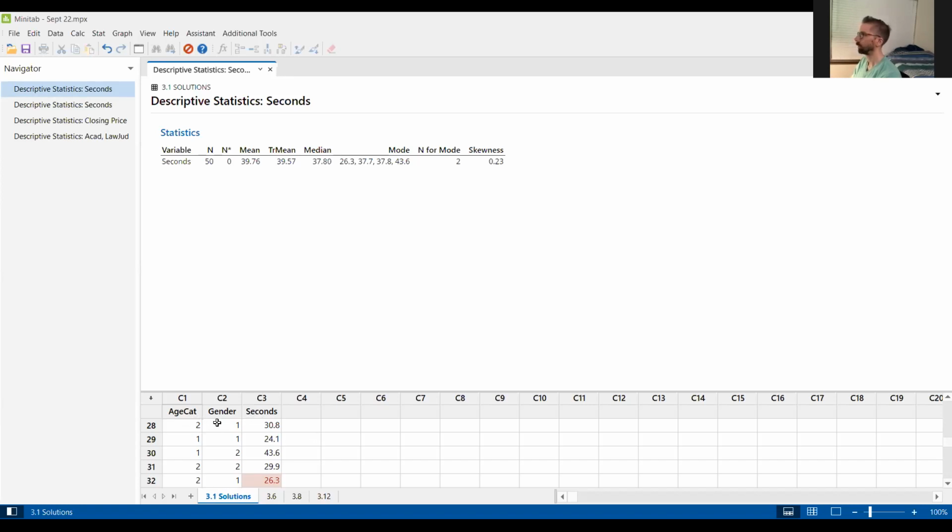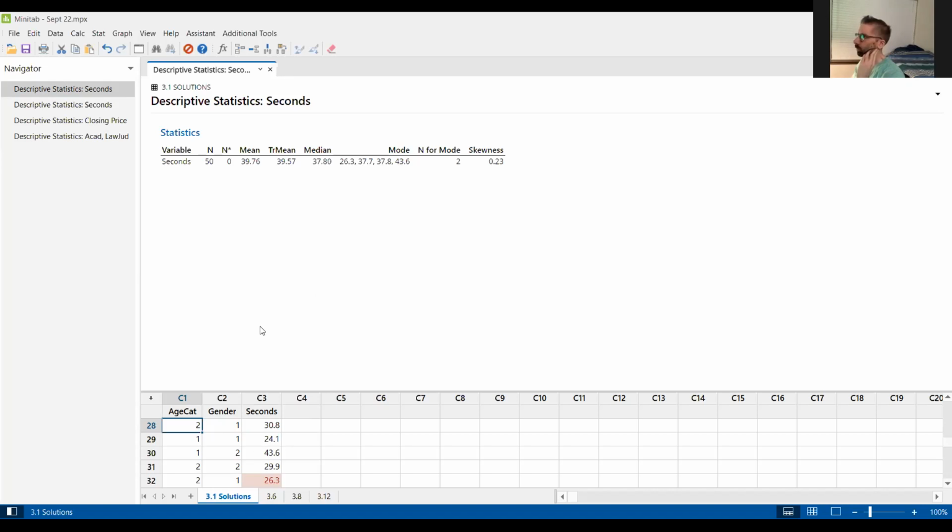It has an age category, gender, and also ATM time in seconds. All right, now in this case, they tell you in the book to simply come up with descriptive statistics for the seconds.